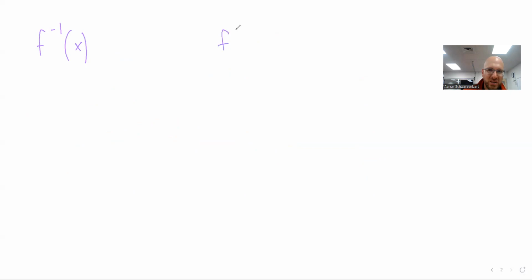So f of x here is x over x plus 1. To find the inverse, first thing I'm going to do is I'll write f of x as y. You may not need to do this step, but somebody might. So then, if you do, please take the time to write it.